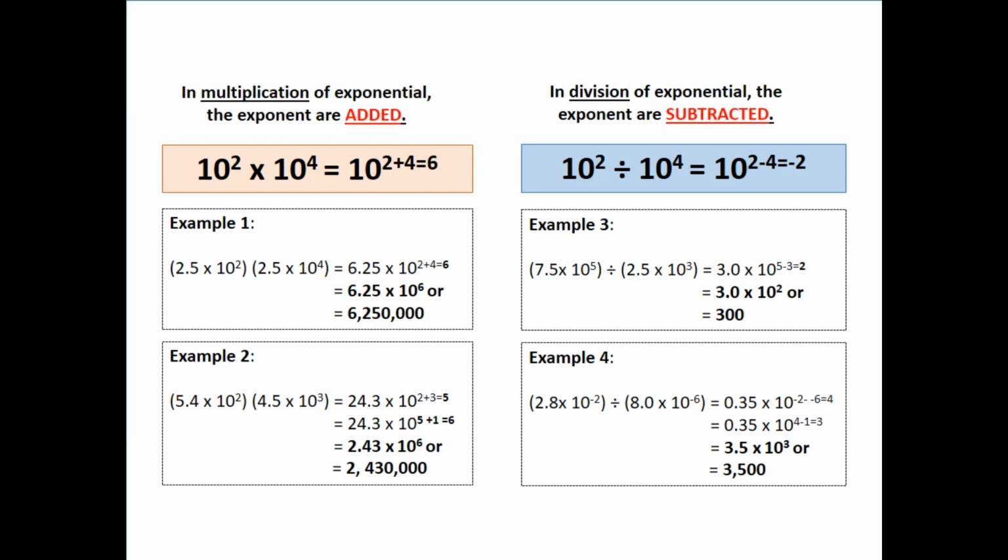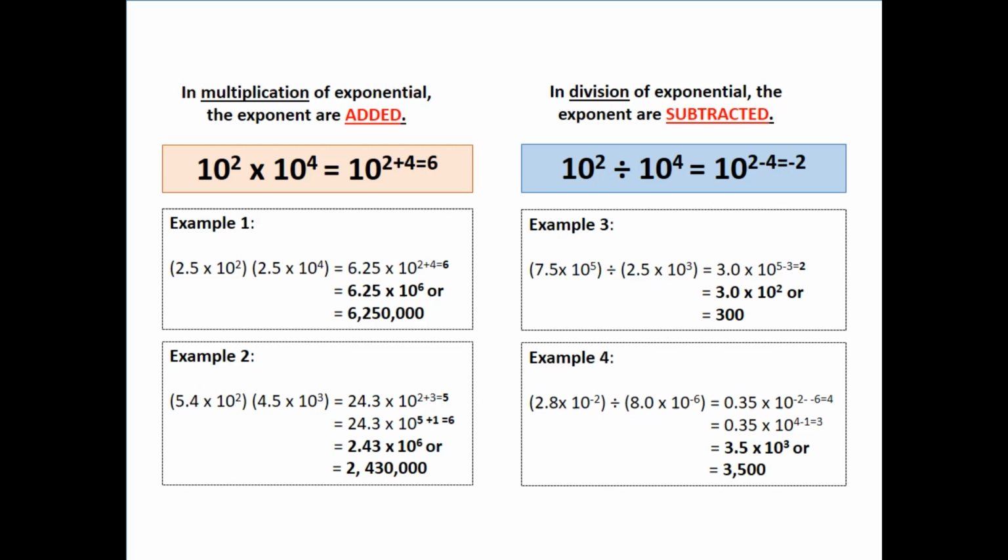Again, for the exponents, you are going to subtract. So 3.0 times 10 raised to the power of 5 minus 3. So 5 minus 3 is equal to 2. So your final exponential form would be 3.0 times 10 raised to the power of 2. Or if you are going to transform this to its standard form, we have 300.